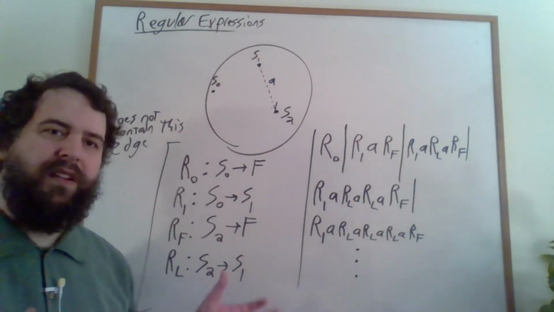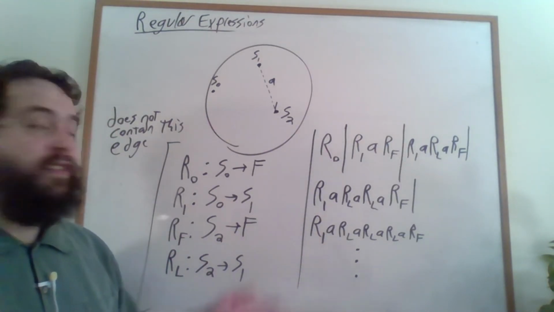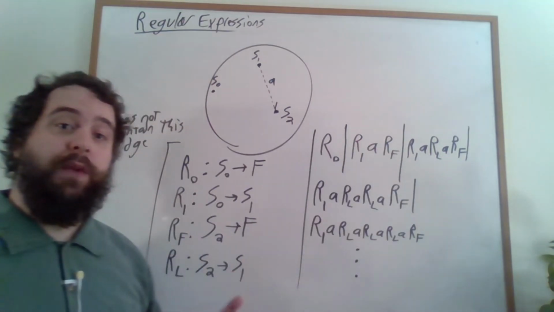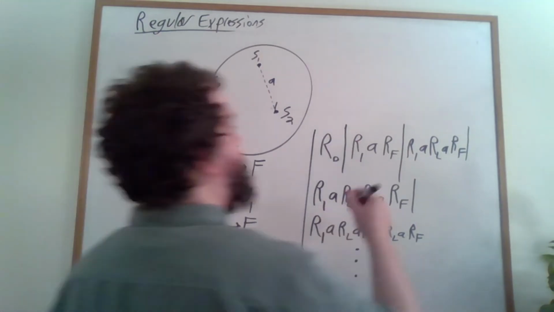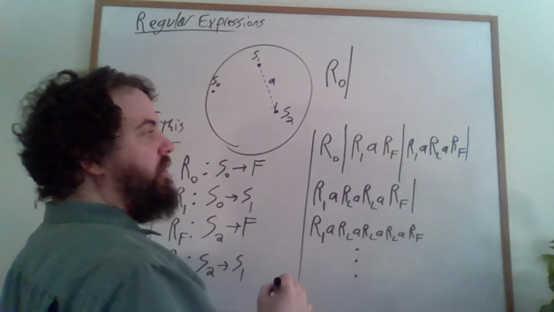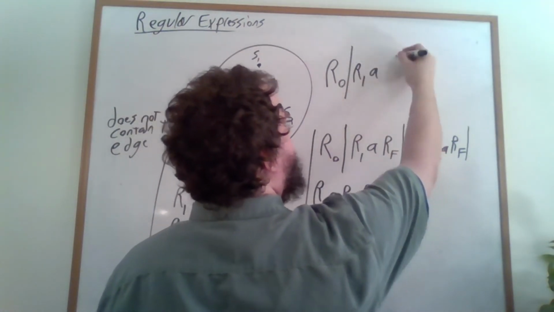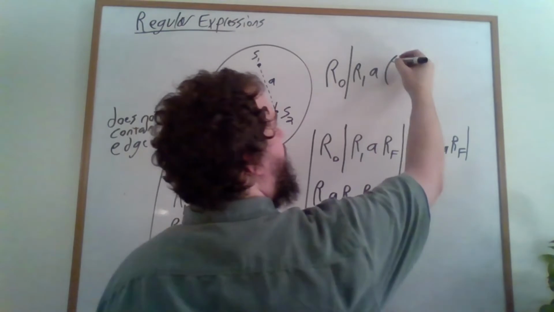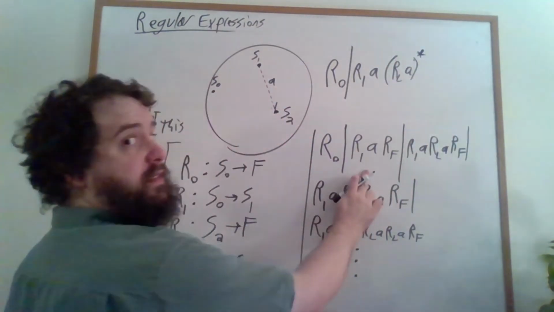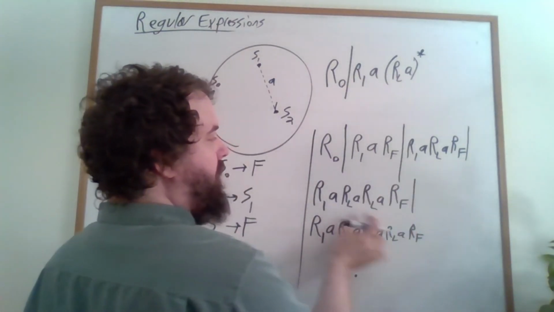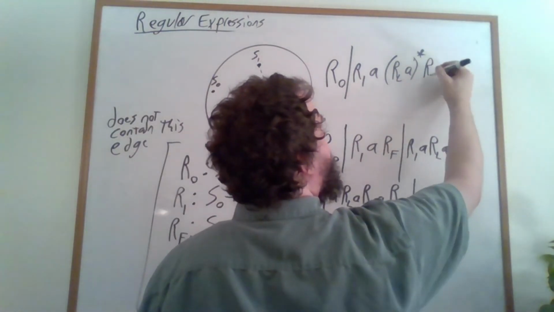We can't construct an infinitely long regular expression, but luckily, this union happens to be something that we can write in terms of the Kleene star. In particular, it's going to be R0 or R1A followed by some number of RLAs, possibly 0, but possibly many more, some finite number, followed by an RF.